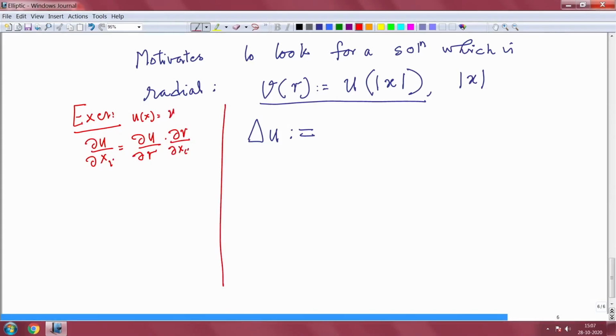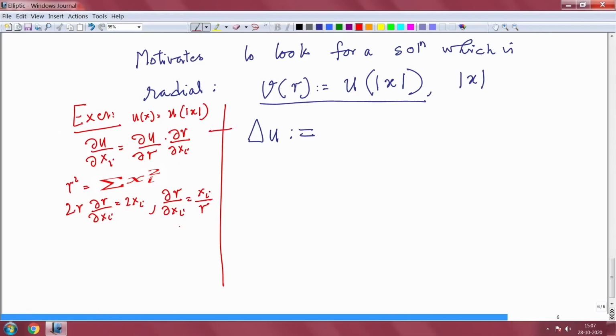But how do you calculate dr by dx? r square equal to the sum of xi square, so you have 2r into dr by dxi equal to 2xi. So that means dr by dxi is equal to xi by r.